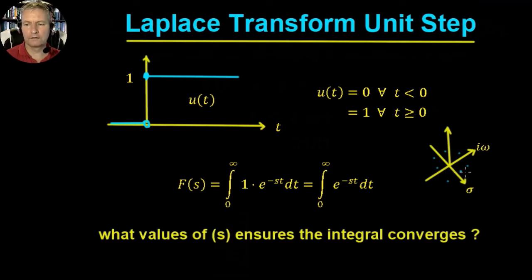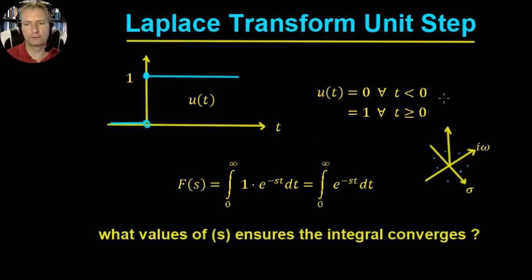Now what we're interested in is finding the values of s which ensure that whenever we work out the Laplace transform, in effect you can say the Laplace transform would be the third axis here, so that would be our z-axis, and we want to make sure that that axis doesn't tend off to infinity. If it was to tend off to infinity, then in mathematical speak we would say that the integral diverges.